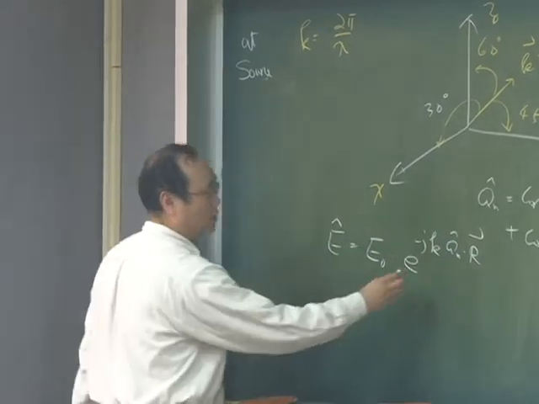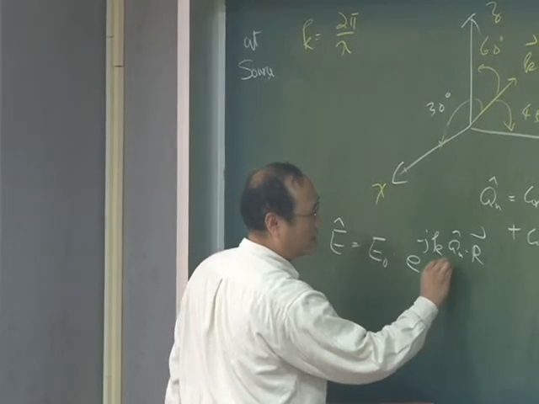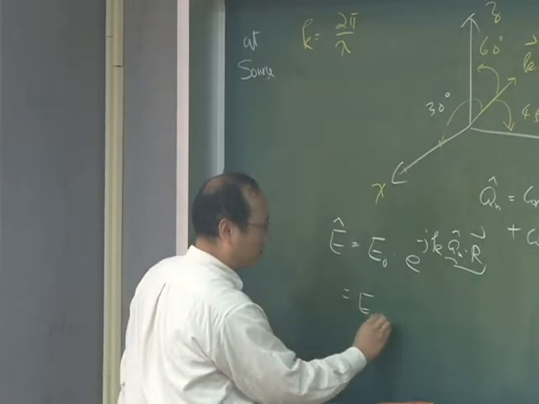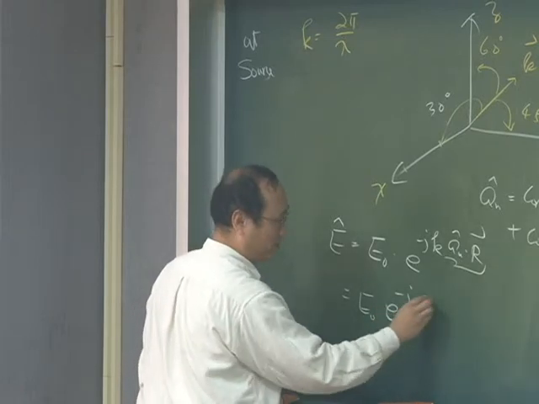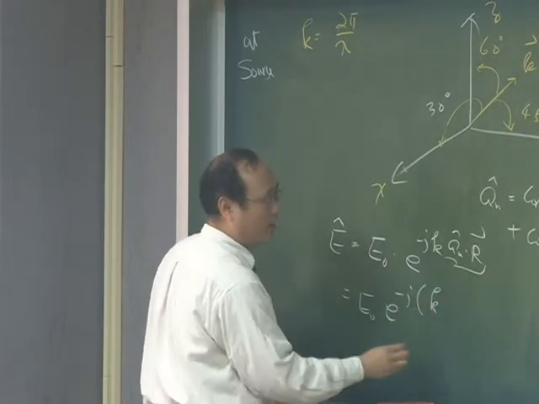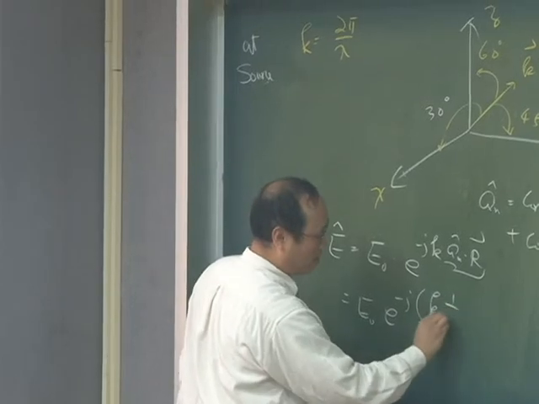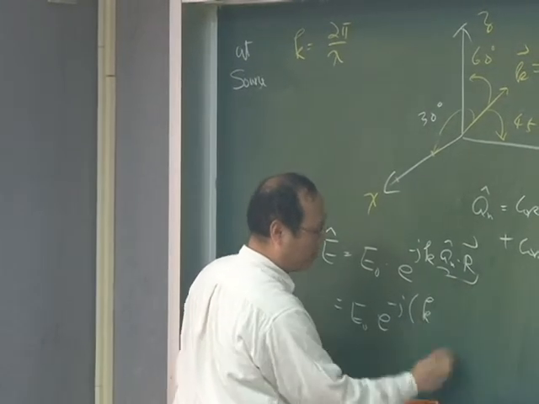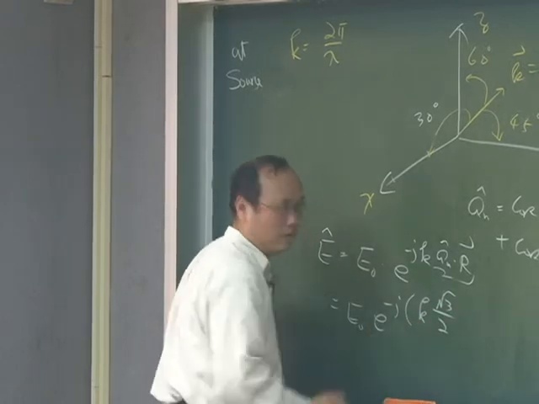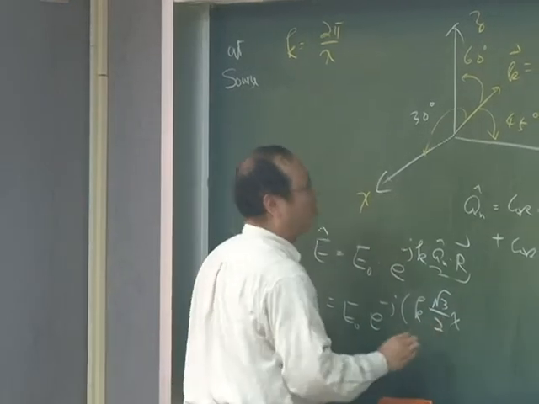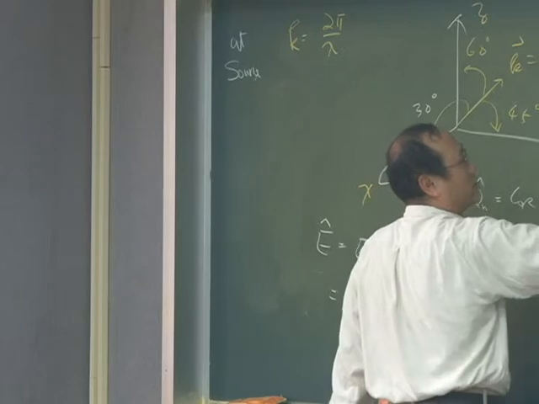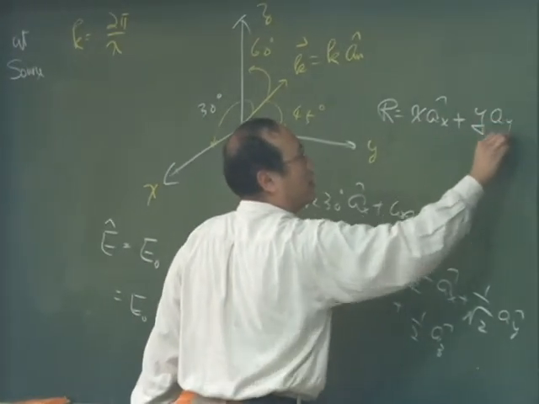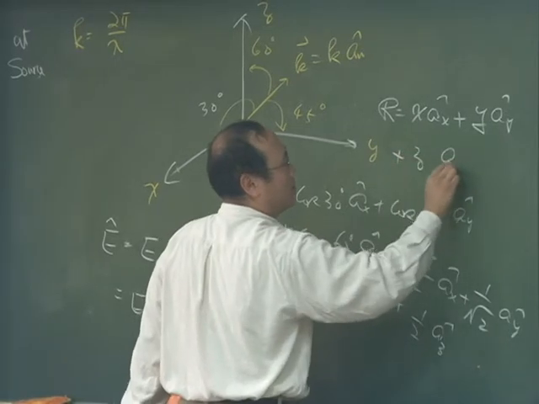So this part you can expand out. It is equal to E naught exponential minus j k square root of 3 over 2 along the x direction, because you know this r is equal to x ax plus y ay plus z az.